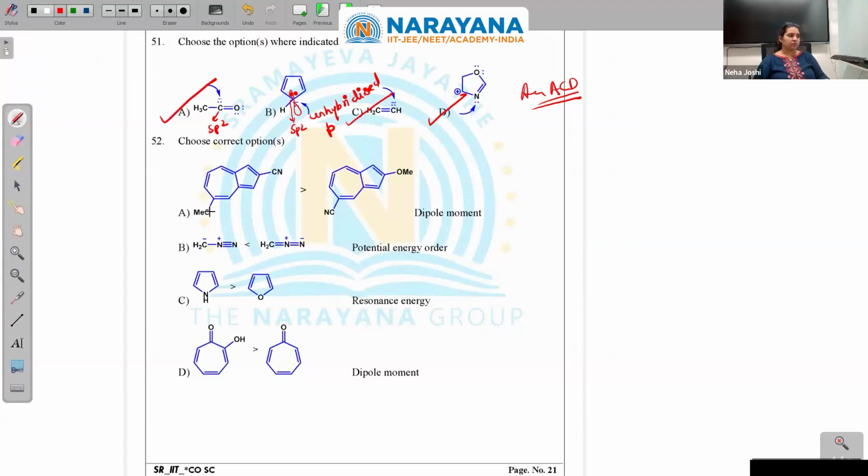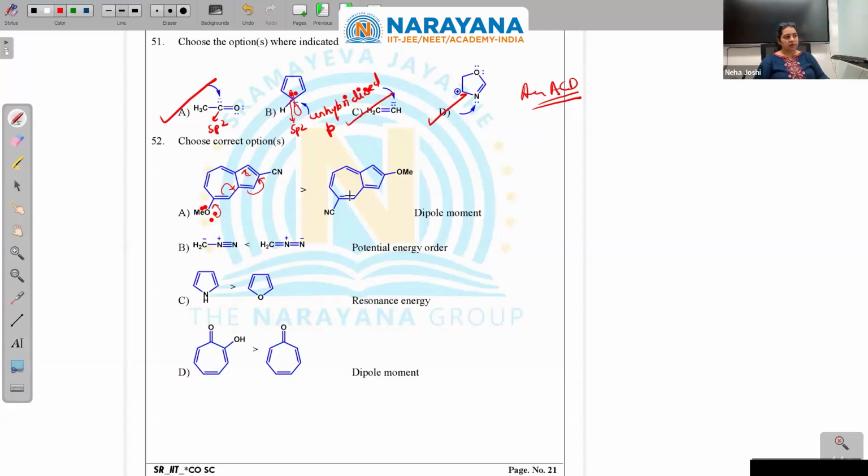Why is the dipole moment of this greater? Because if we see from here, if I draw the structures, there is cyanide, there is negative charge generated here. And if negative is generated here, this part is becoming aromatic.